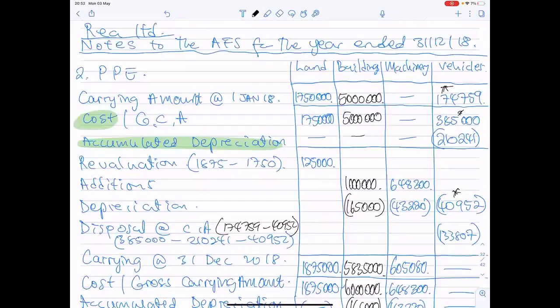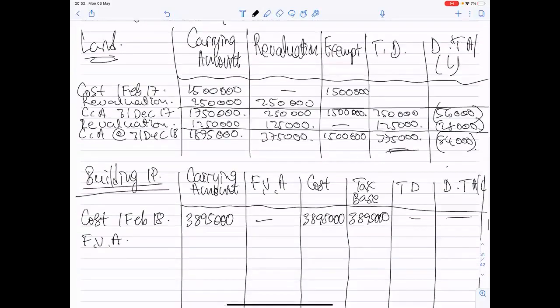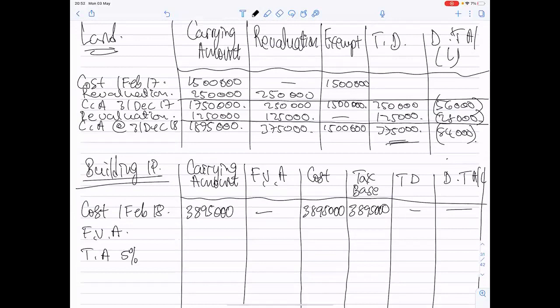So there was a tax allowance of 5% according to SARS. It is 3,895,000 multiplied by 0.05. It was an allowance of 194,750 according to SARS. There is no depreciation.